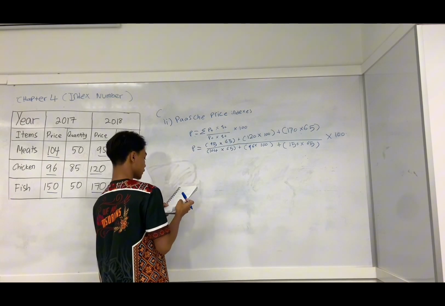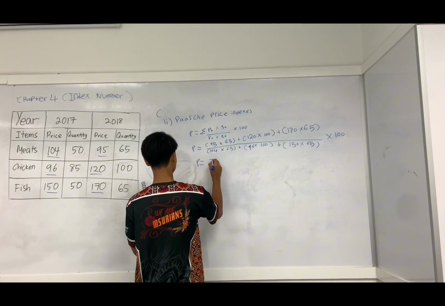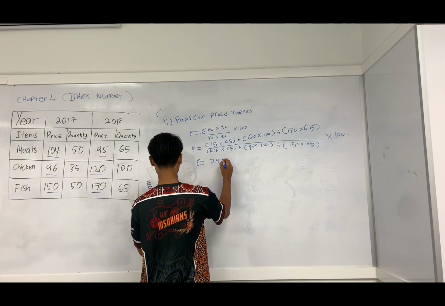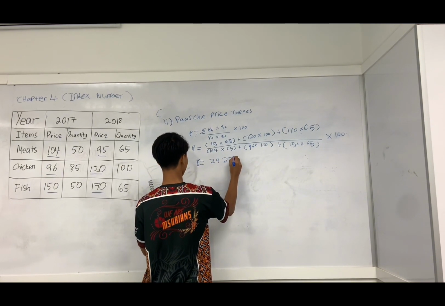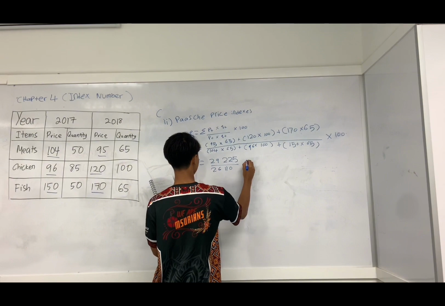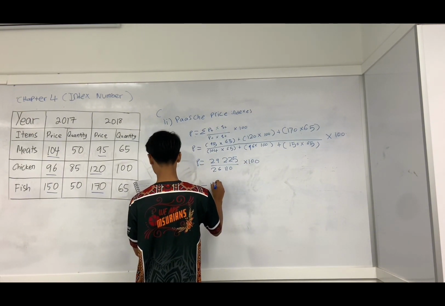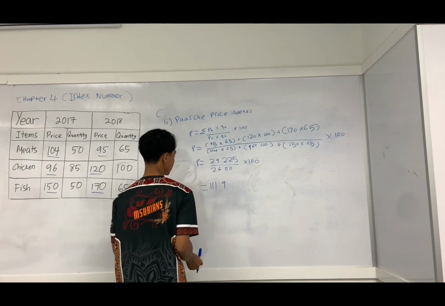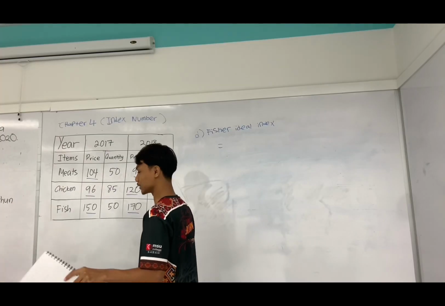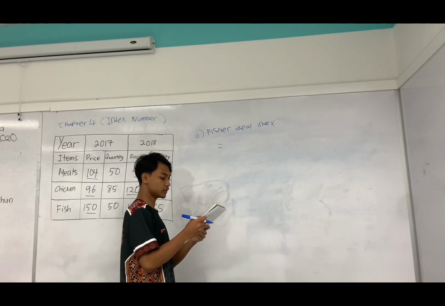After calculating all this, we can get 29,225 over 26,110 multiplied by 100, and the answer is 111.9. The last question is question D, Fisher ideal index.